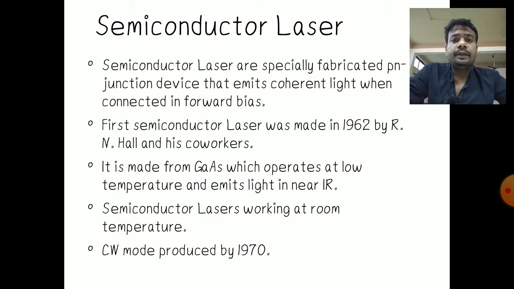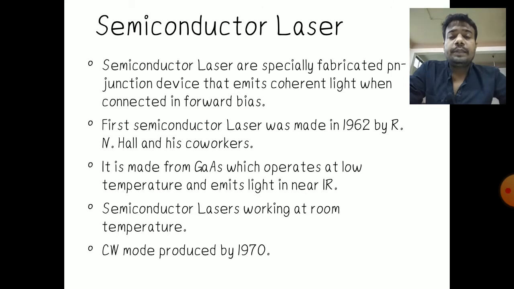If we connect the p region of the semiconductor to the negative terminal and the n region to the positive terminal, that connection is known as reverse bias. These are the things which you are familiar with.